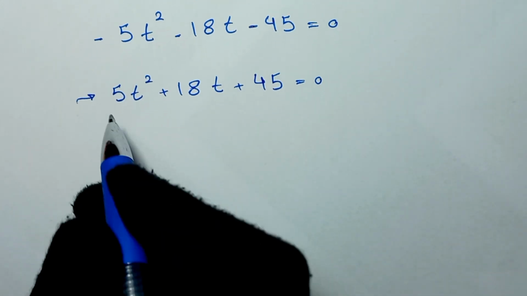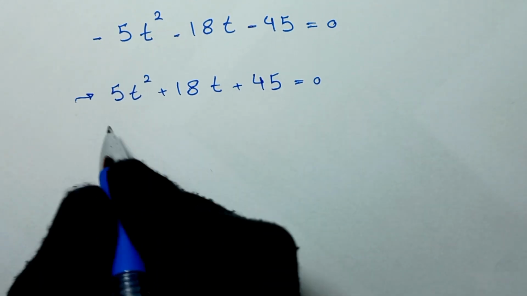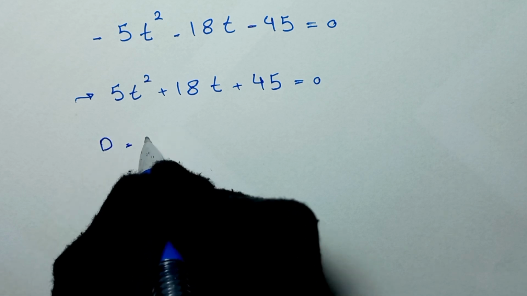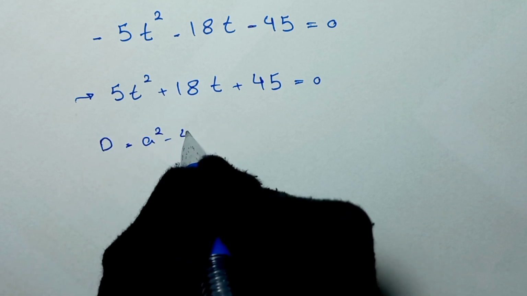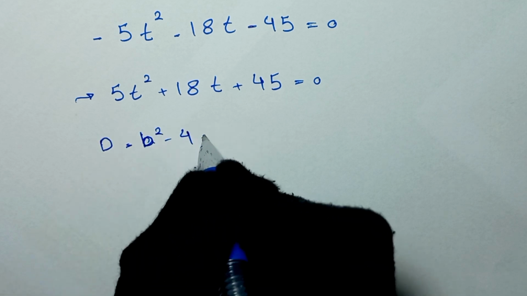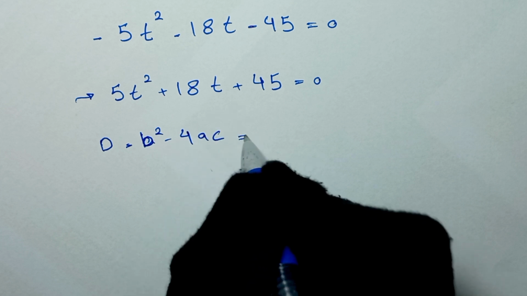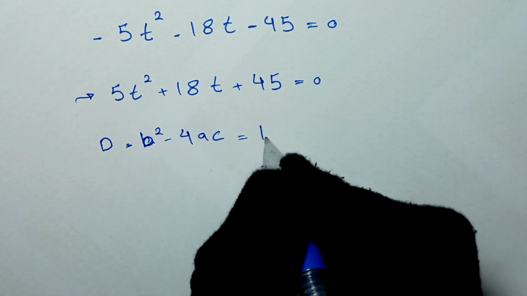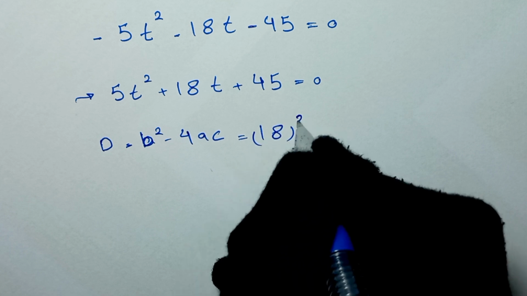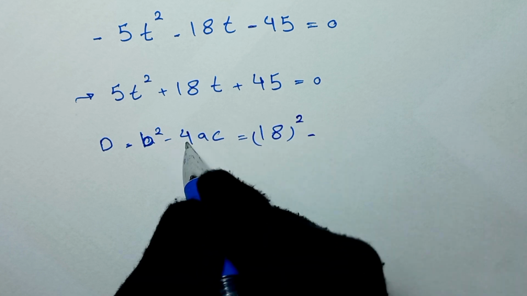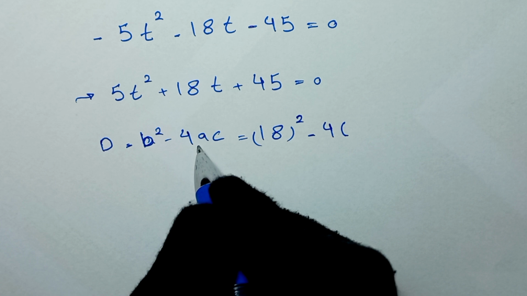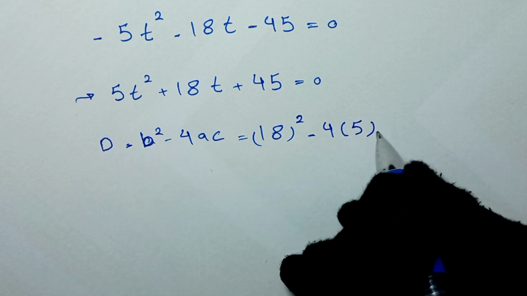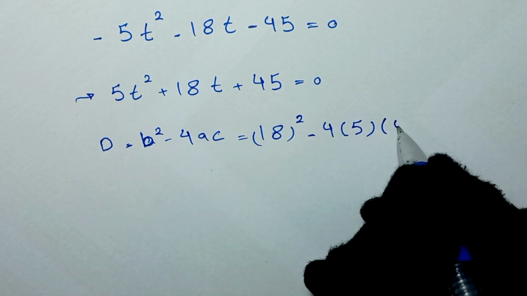And if we use the discriminant formula, D is equal to b square minus 4ac, b is 18, so b square will be 18 to power of 2 and minus 4ac. 4 times a is 5, and times c is 45.